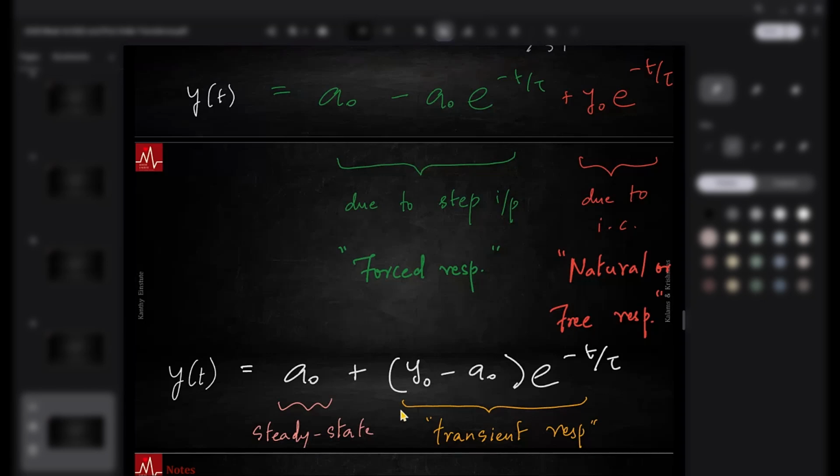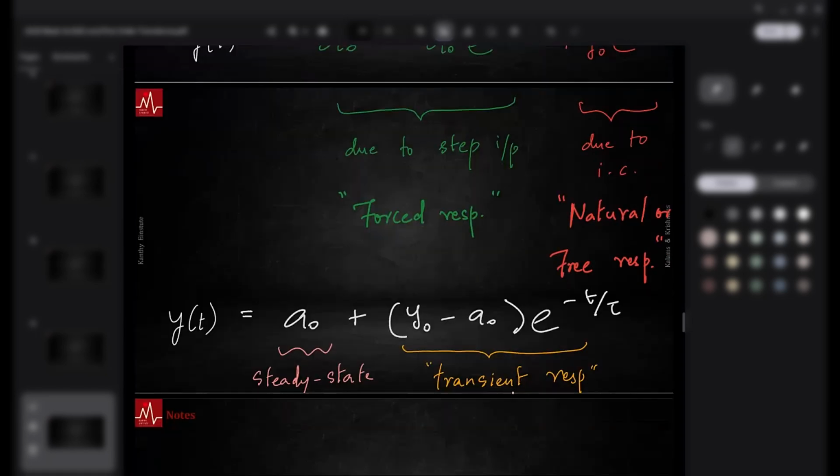After a long time, it's going to go to a naught. Initially there is going to be some transients. If the initial condition that you applied is 0, you just have an exponential saturation.